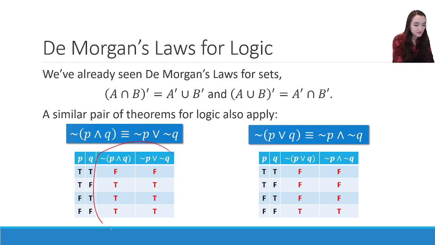So we've seen this rule, we just proved it, but we also have the opposite rule, where the negation of P or Q is the negation of P and the negation of Q. So anytime you want to sort of distribute a negation into parentheses, you have to flip your symbol upside down, in the same way that when you want to distribute a complement, you have to flip the intersection or union upside down, essentially.